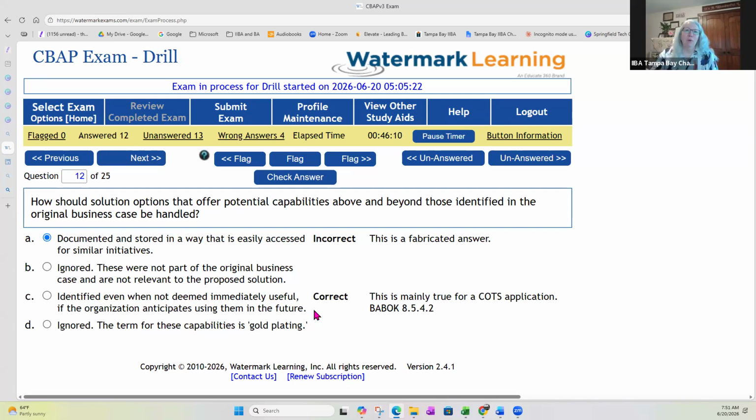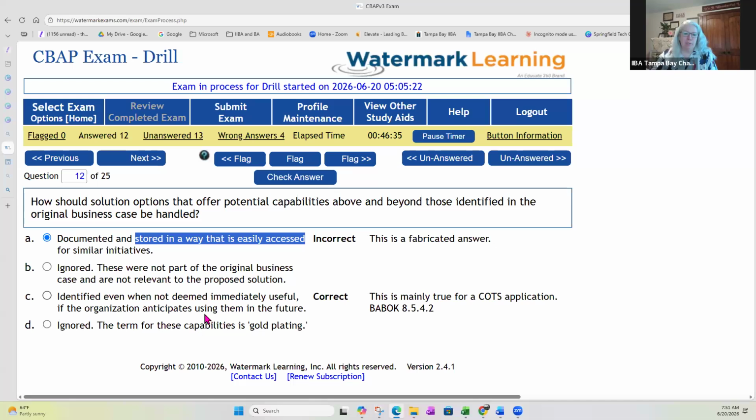I think we're not wasting time by documenting them, but I do think what made this one wrong is that it's stored in a way that's easily accessed. That's not what the BABOK talks about. It just says you identify them, especially if you think the organization might need them in the future. It doesn't talk about storing them.